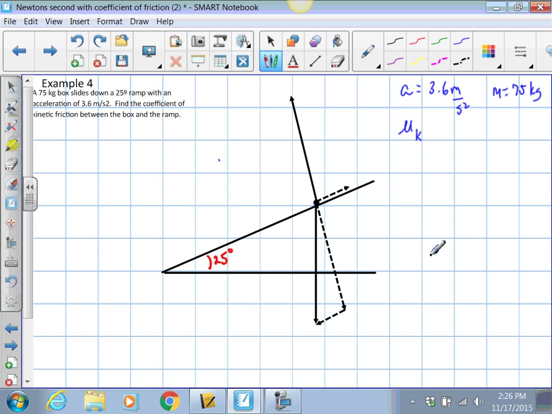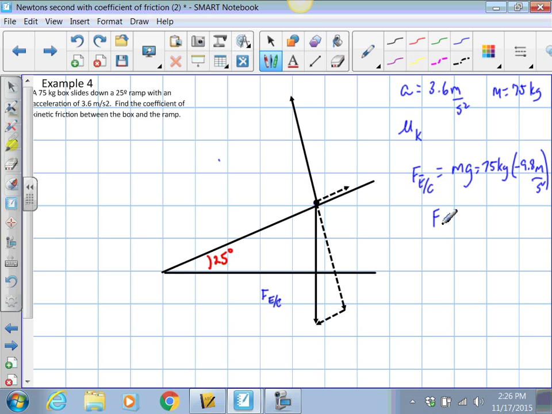Okay, first of all, we've got this particular one is force earth on crate. We can say that force earth on crate equals m times g, which is 75 kilograms multiplied by negative 9.8 meters per second squared.